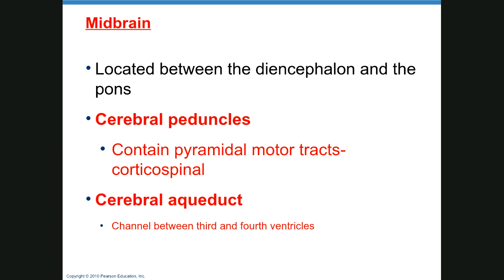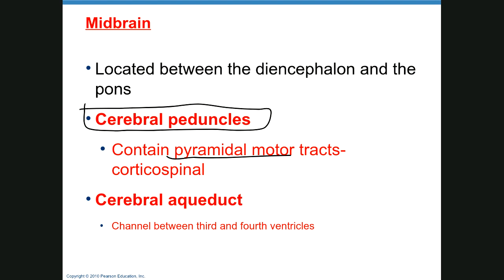And on the anterior view, there are two very pronounced cerebral peduncles. The cerebral peduncles are essentially routes through which axons of neurons are traveling, specifically the axons of the pyramidal neurons, which had their origin in the primary motor cortex of the cerebral cortex.